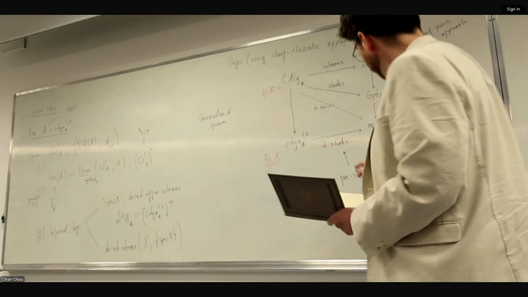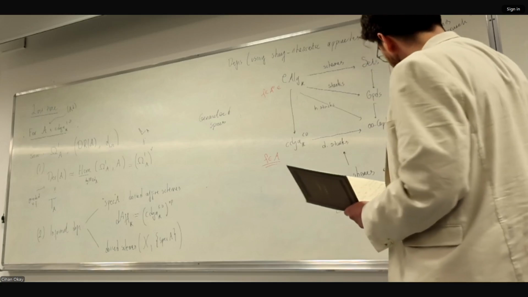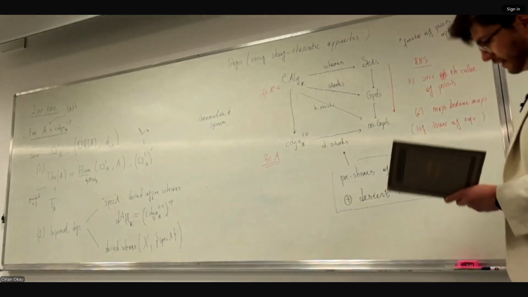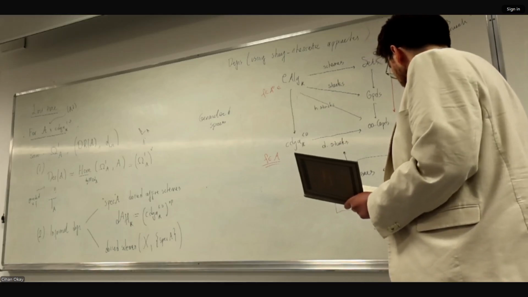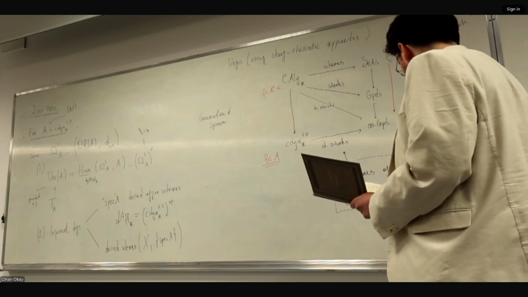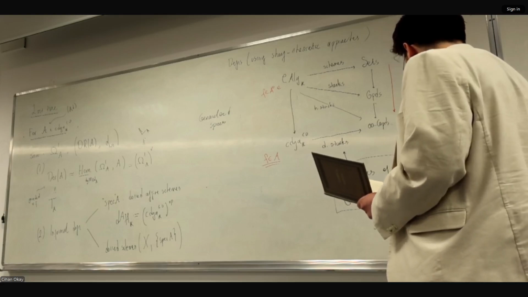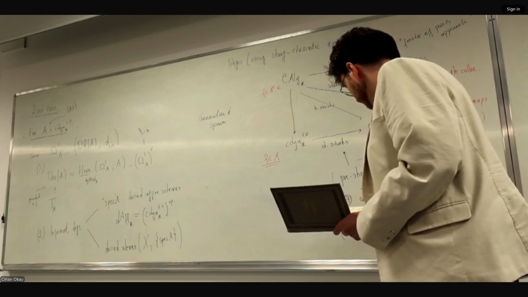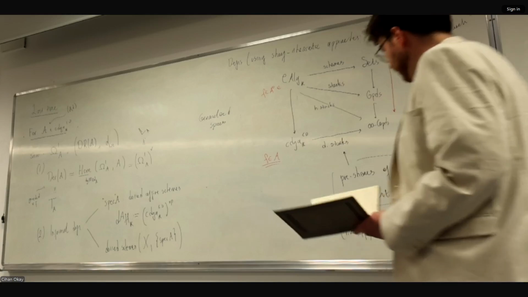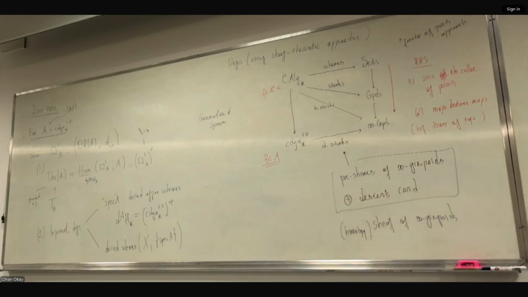Good. So let's discuss this part in more detail. If you have something like this, this is called a sheaf of infinite groupoids, or sometimes we say homotopy. So a derived stack is just a sheaf of infinite groupoids for us.